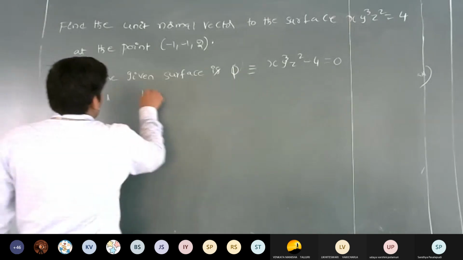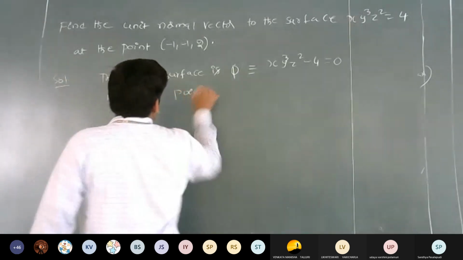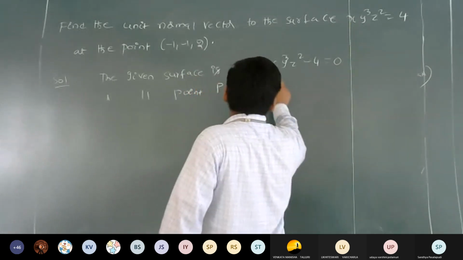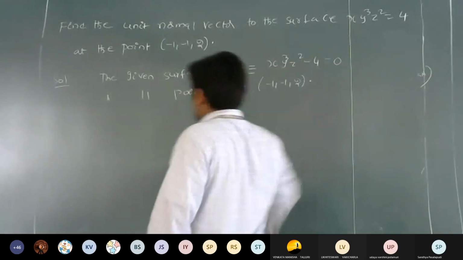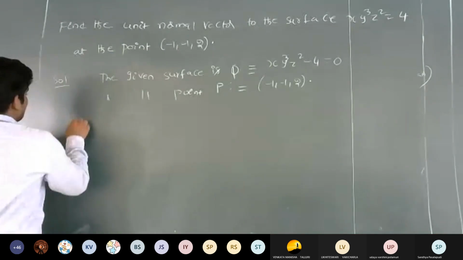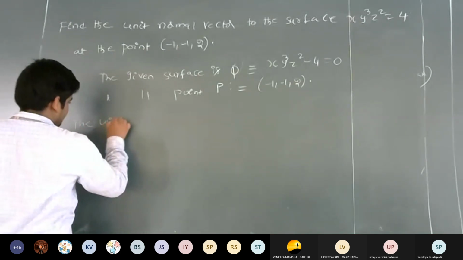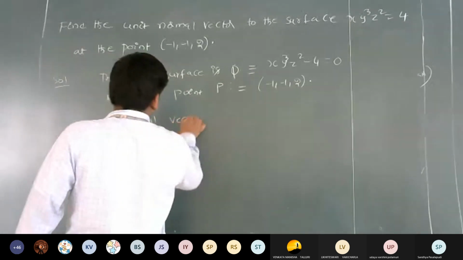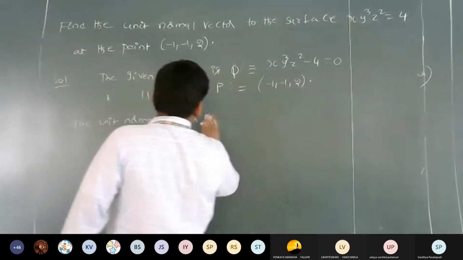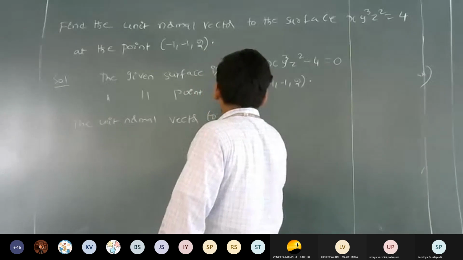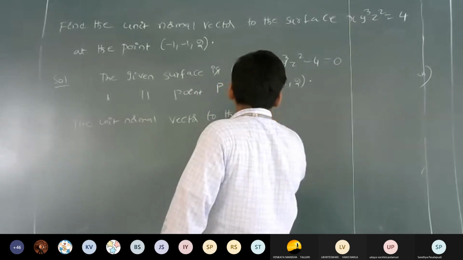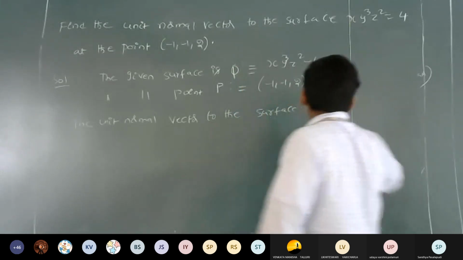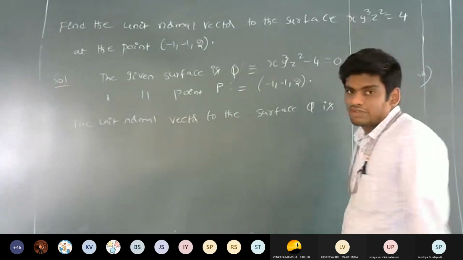Next, the given point P is equal to what is that? Right. Next, the unit normal vector to the surface phi, what is the formula?